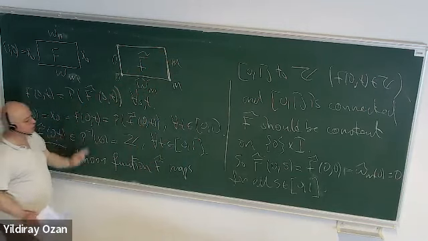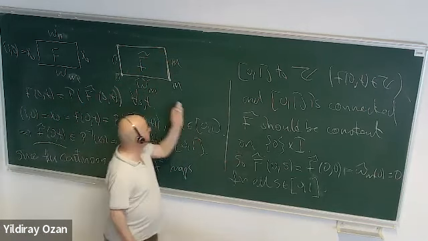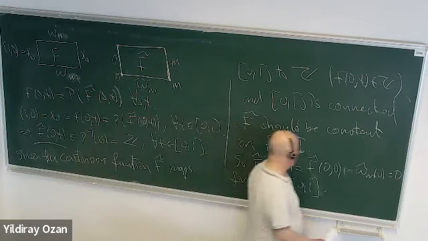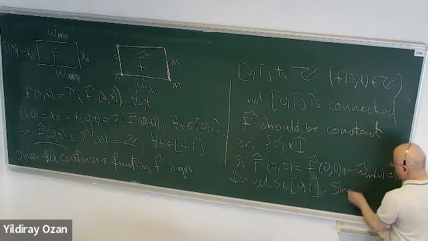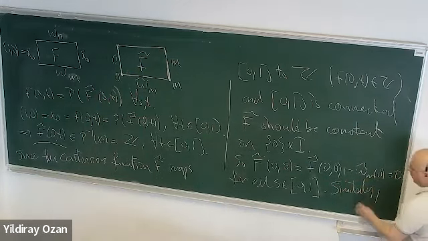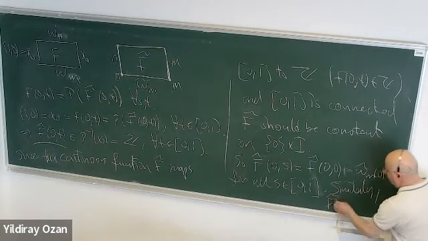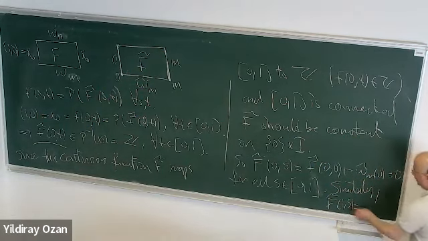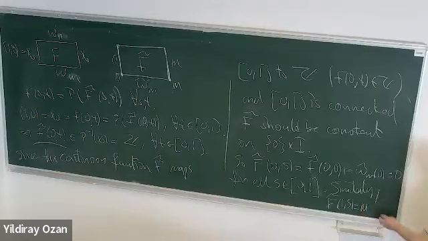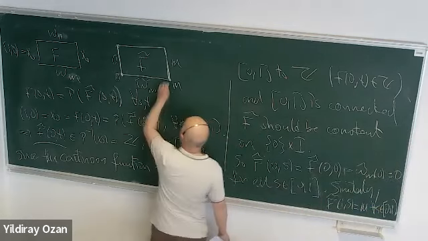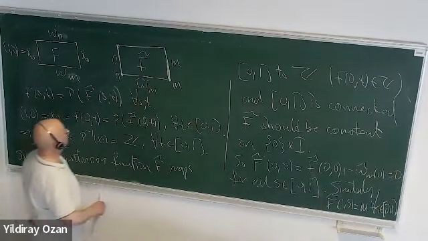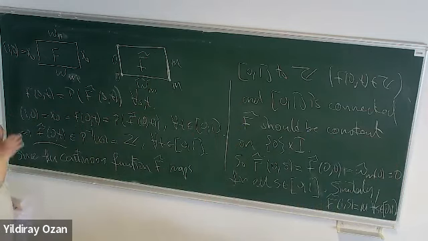Instead of 0, I have just m. So similarly, f tilde 1s will be just m for all s in the interval 0, 1. Therefore, this end of the homotopy is mapped to m.